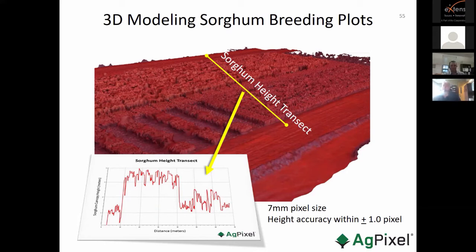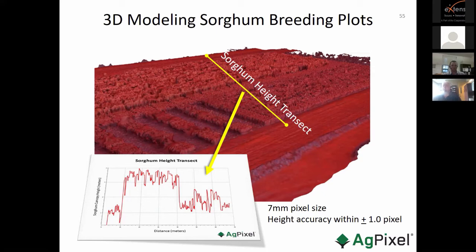And in this case, these models, if you collect good ground data in terms of the actual elevation points on the ground and get good surface data, then you can subtract what's called the digital terrain model from the digital surface model and calculate the height of your plants.